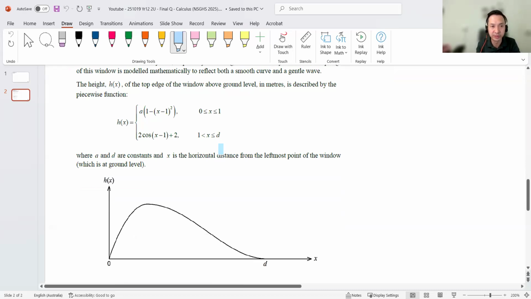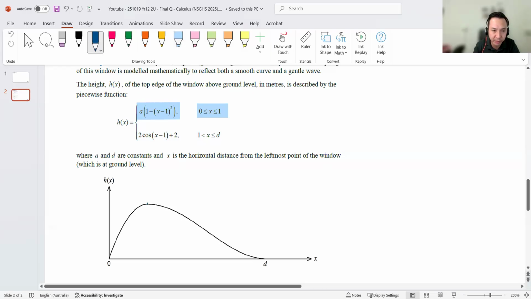It looks like it's defined as a piecewise function. There are two parts in the graph: 0 to 1 for the first part, and 1 to D. That top part looks like a parabola. If A is positive, then that's a negative parabola. Just while I'm picturing this, for the first one I can see that's from 0 to 1.